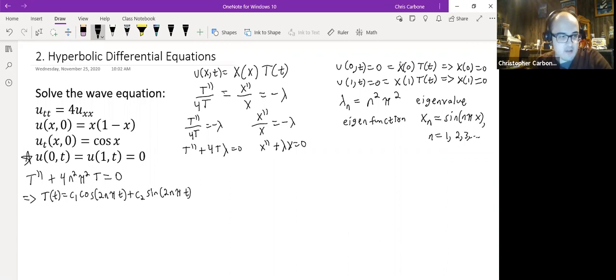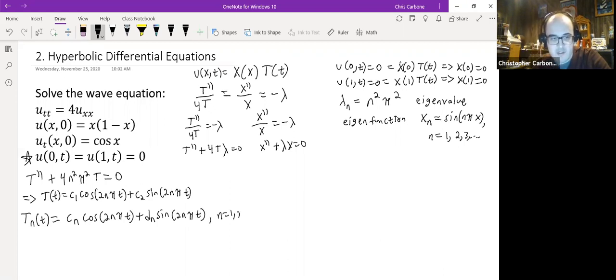This means that our equation T sub n of t, I'm going to introduce one small different variable, is c sub n times cosine of 2n pi t plus d sub n times sine of 2n times pi times t. Again, this is for n equal to 1, 2, 3, and so on.